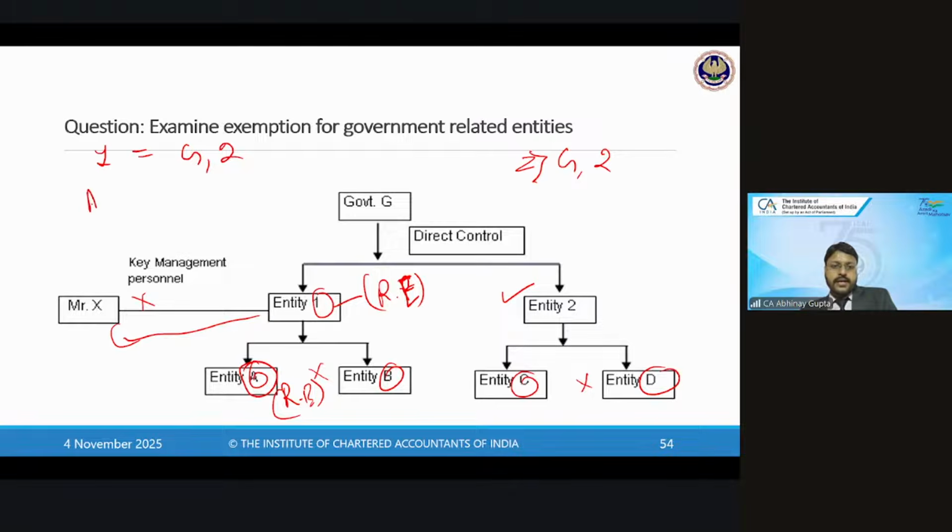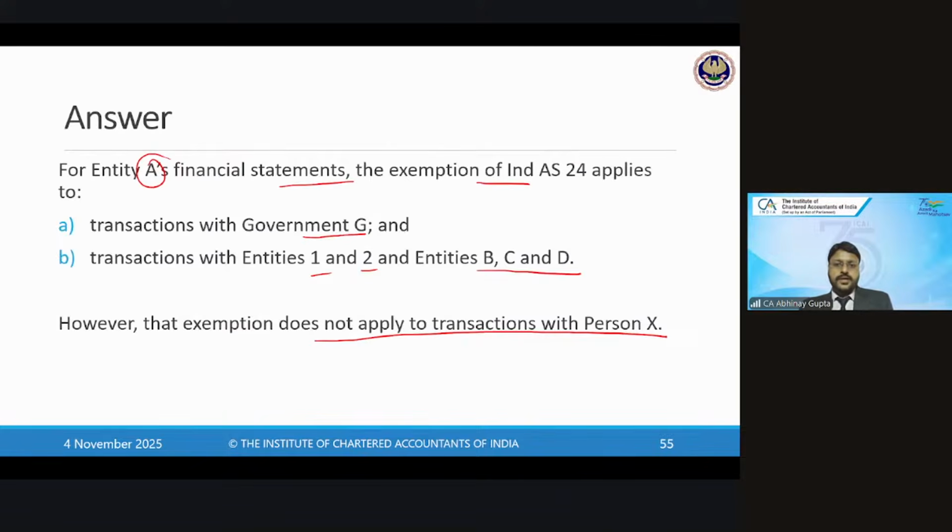For entity A, the exemption would be G, 1 and 2, and B, C, D. Correct?